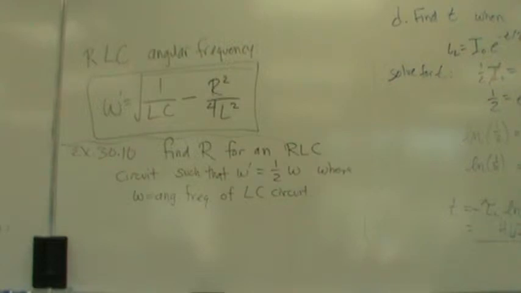I mean, the way they worded it is they say an undamped frequency. If you logic your way through what they mean, it's only damped because of the resistance, so if it's undamped, then there would be no resistor, therefore it would be an LC circuit.